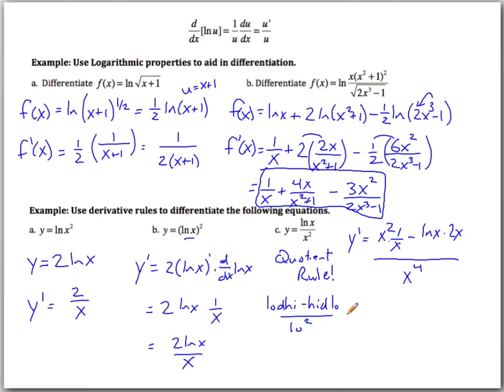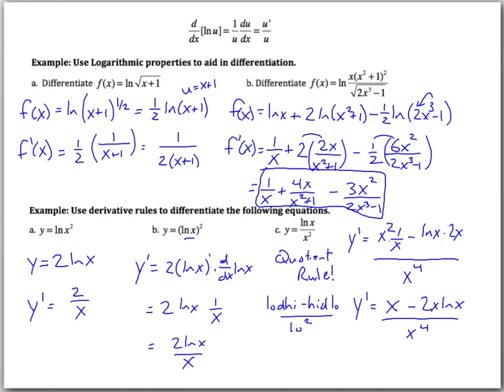Okay, and let's just clean this up a little bit. So here, x squared times 1 over x is just x. And we'll move the 2x out in front, so 2x ln of x over x to the 4th.